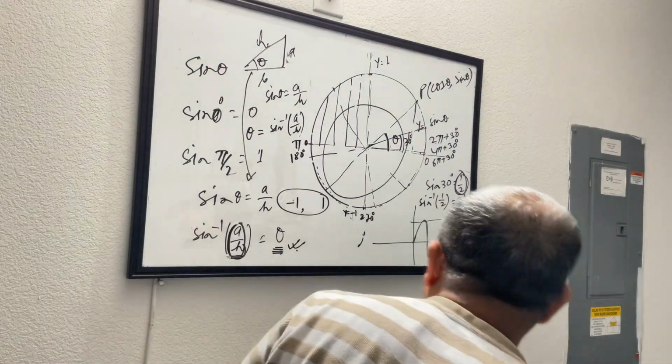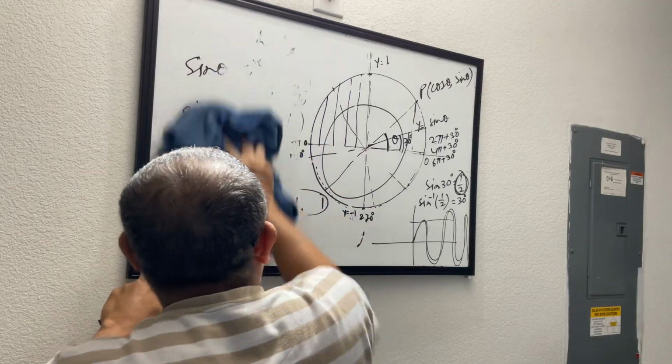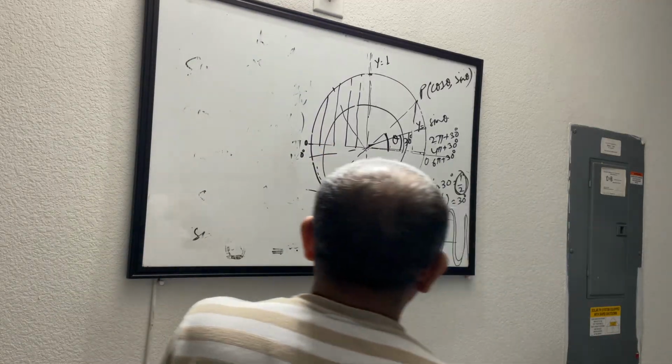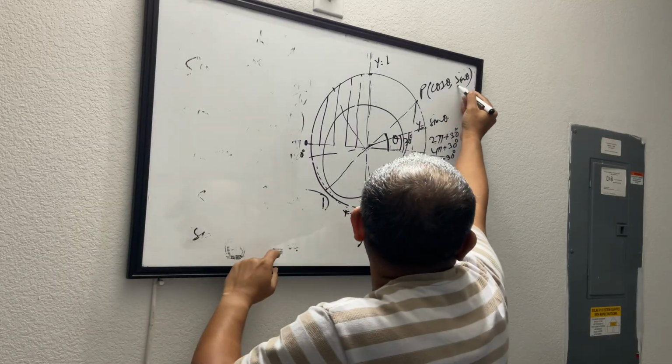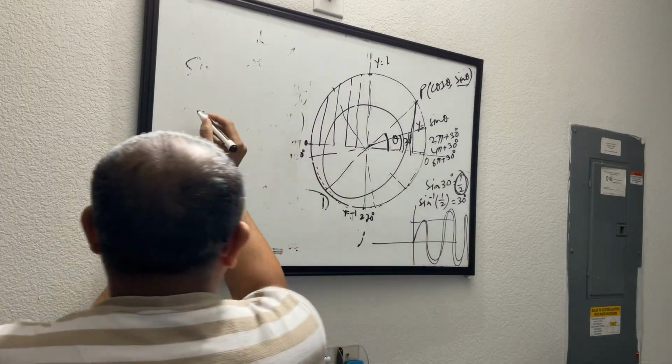So now you are making me give you a pinpointed response to this. What is my sine theta? Sine theta is my y coordinate, meaning this vertical length, correct?